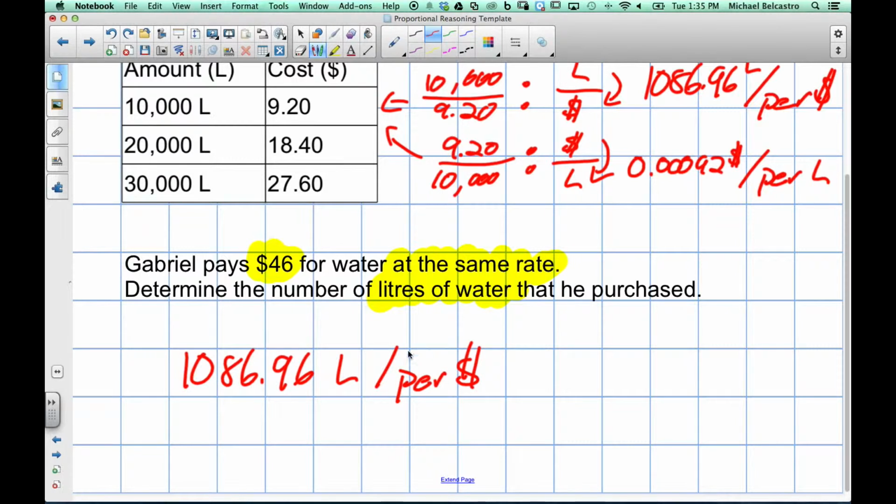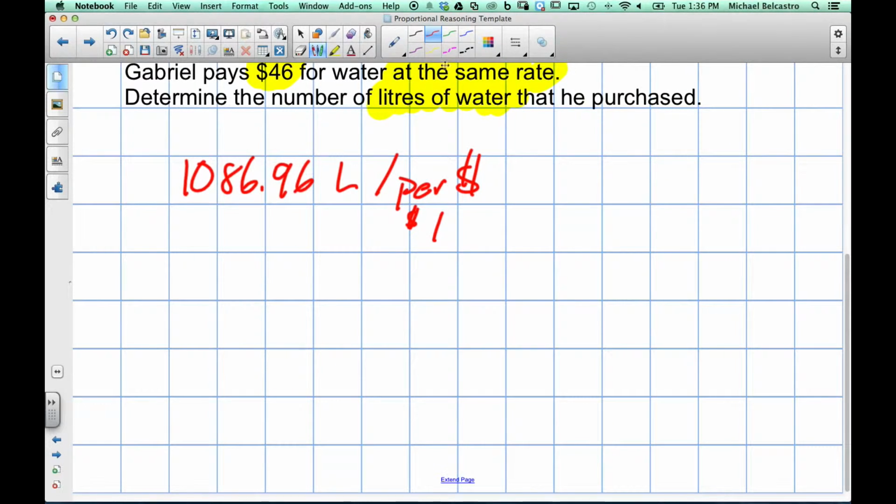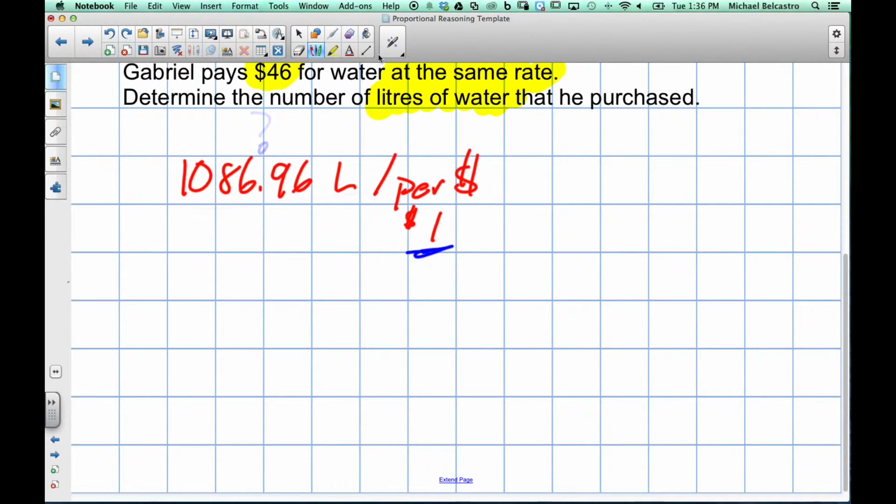We know it's per dollar, so again, remember that's per $1 he spent. Okay, and if we need to take this amount and figure out how many liters he purchased, we're going to use an operation. It's going to be an increasing operation. Okay, so right now it's $1, and we need to take it to the value of 46.